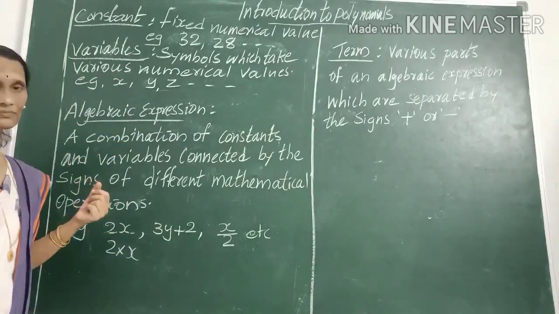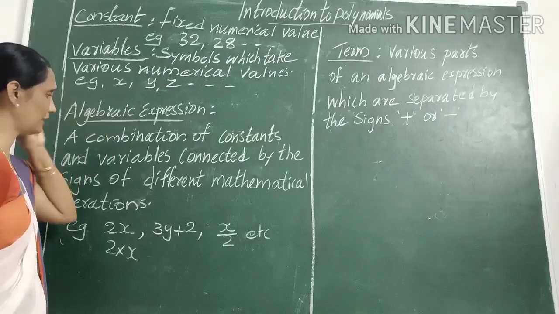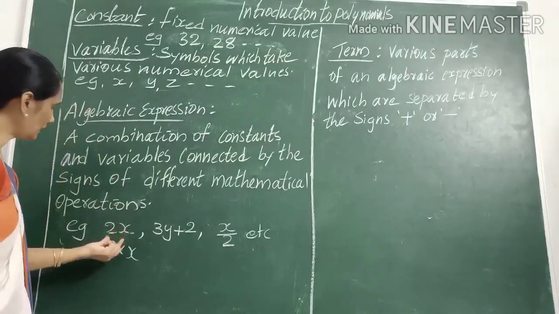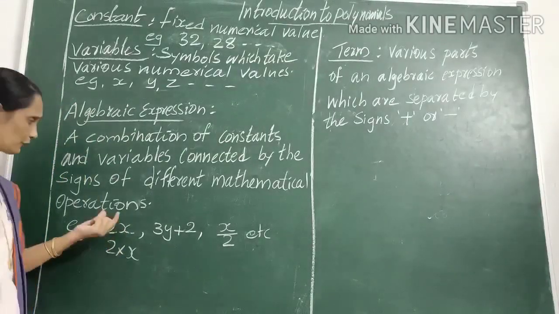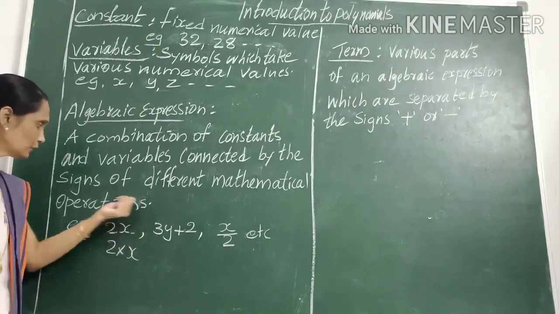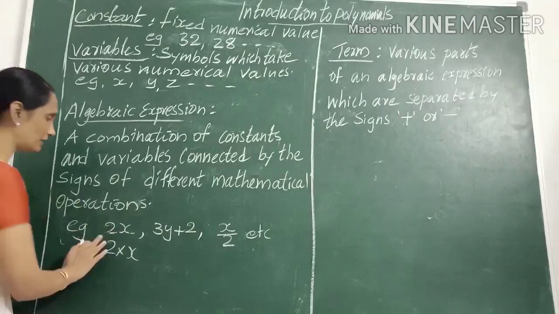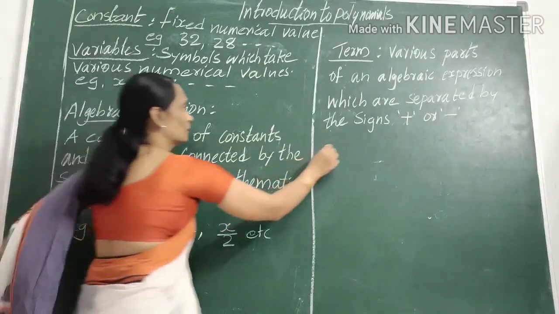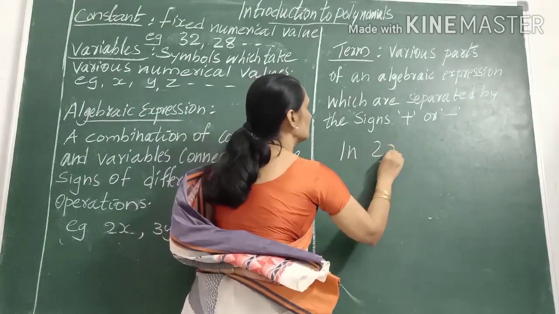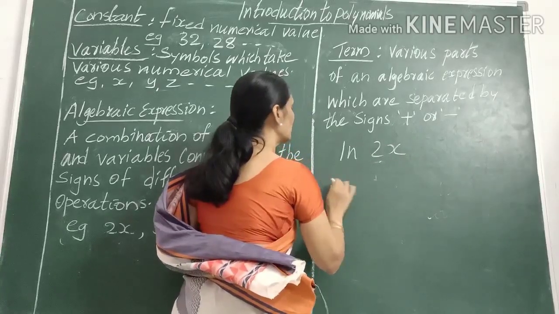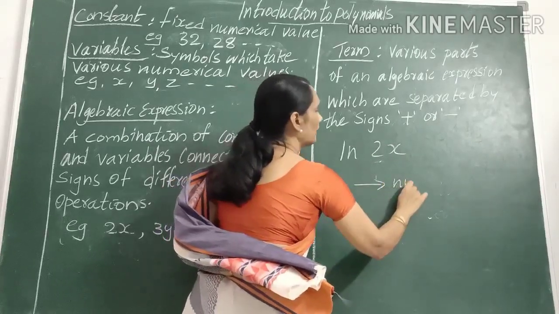So when they are combined, it is an algebraic expression. For example 2x: here 2 is known as the numerical factor.